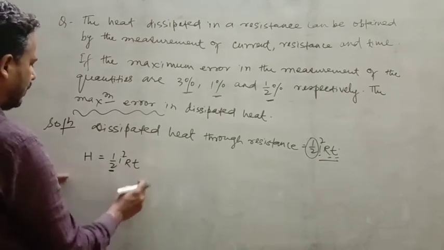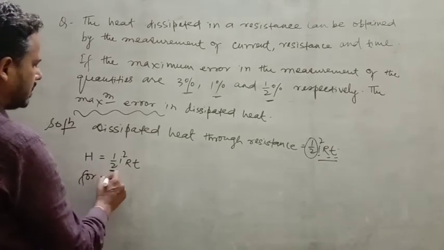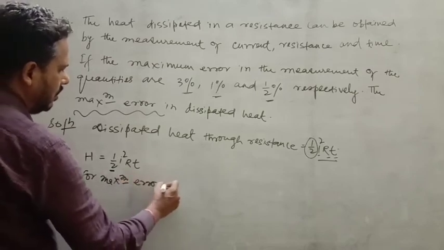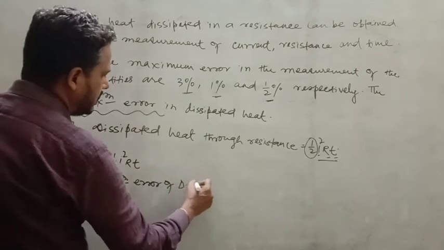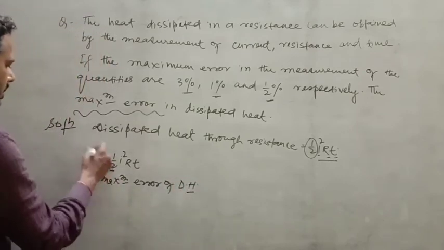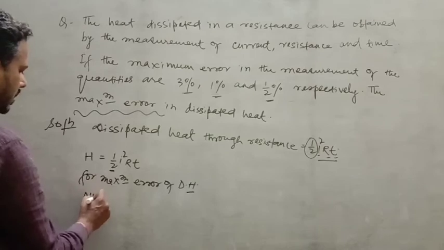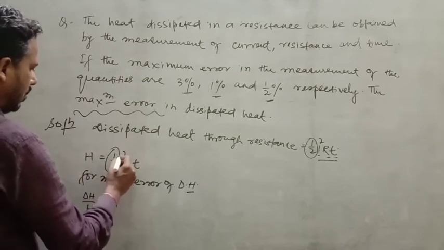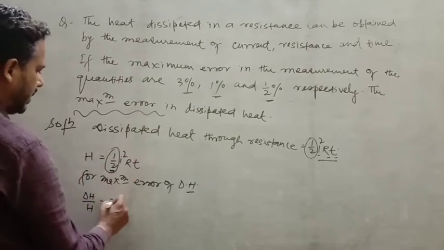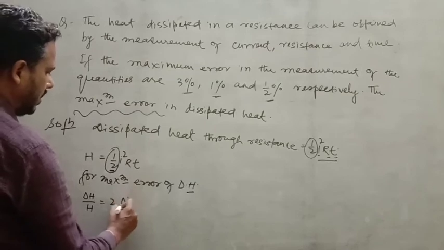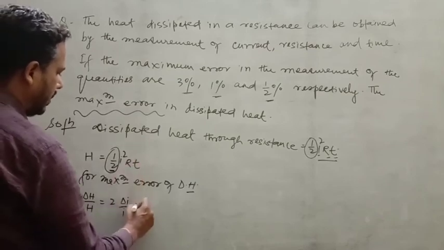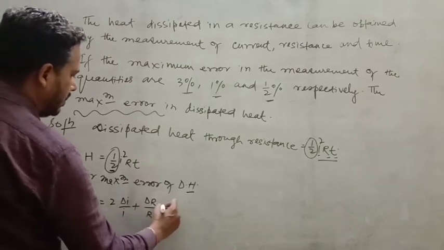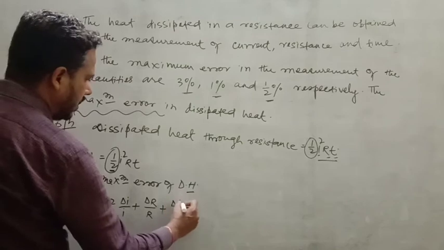So for the maximum error of dissipated heat, this can be written as delta H by H, and since the powers are there, you just take them as multiples. So this is delta I by I, plus delta R by R, plus delta T by T.